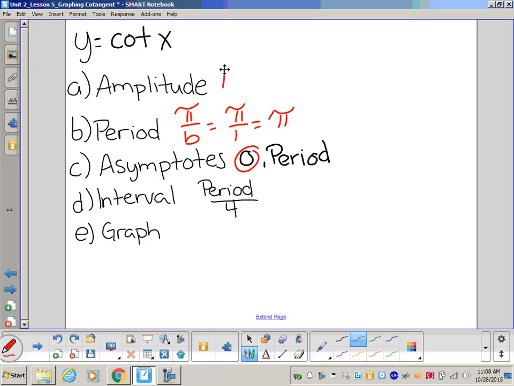So if our period is pi, we'll have an asymptote at 0, and we'll have one at pi. So for the asymptotes, we don't have to do all the dividing. We have one at 0, and there'll be one at whatever the period is. So we start and end a period of cotangent with asymptotes, just like tangent.